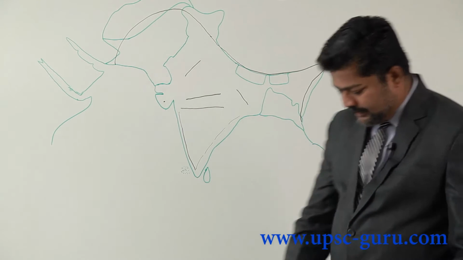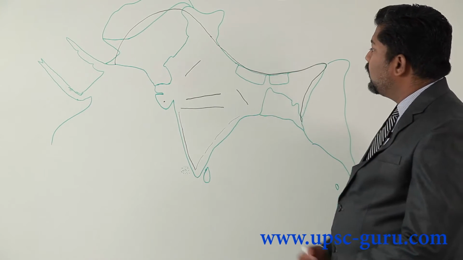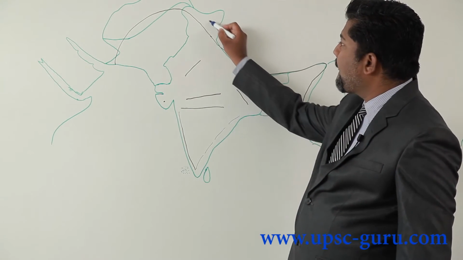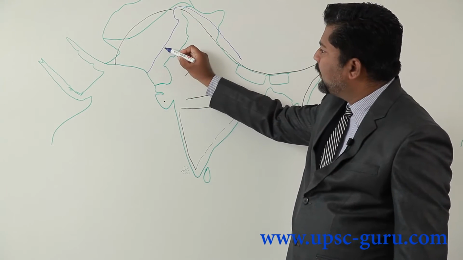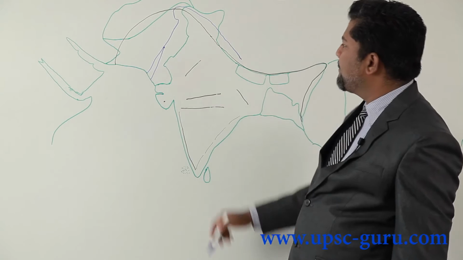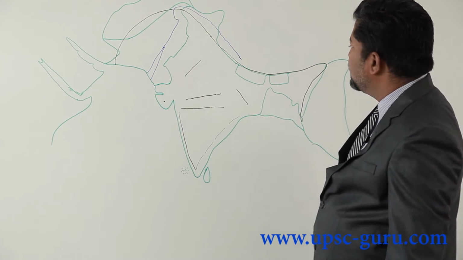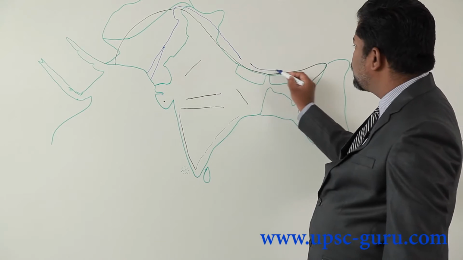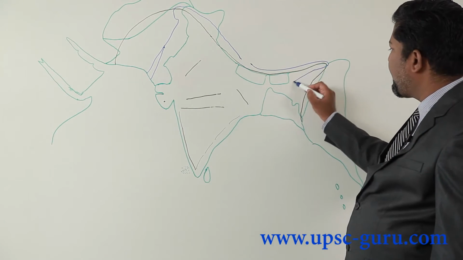Then certain rivers: the River Indus and its distributary, the Yarlung Songpo, which is called the Brahmaputra in India.